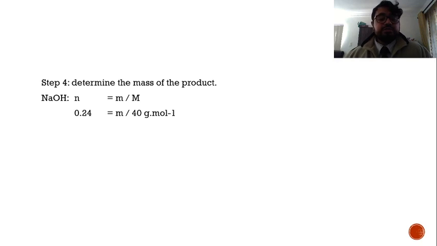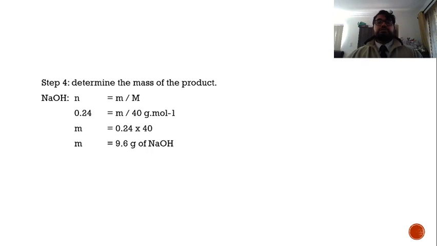If we rearrange the formula to make mass the subject, we get number of moles times molar mass, which is 0.24 times 40 grams per mole, and that gives us 9.6 grams of sodium hydroxide. So in our reaction of sodium chloride and calcium hydroxide, the amount of sodium hydroxide produced is 9.6 grams.